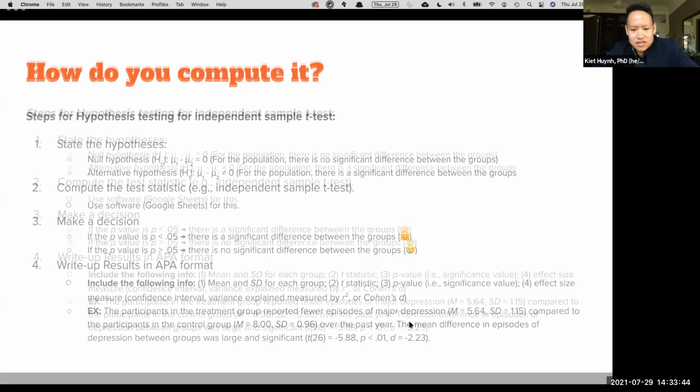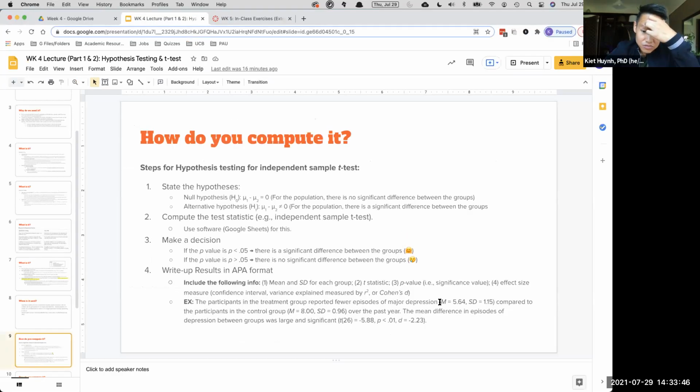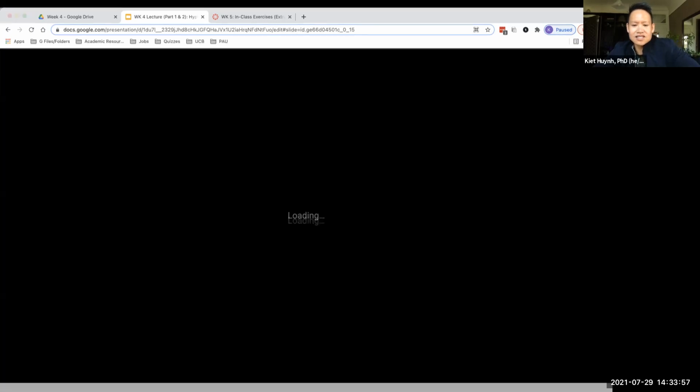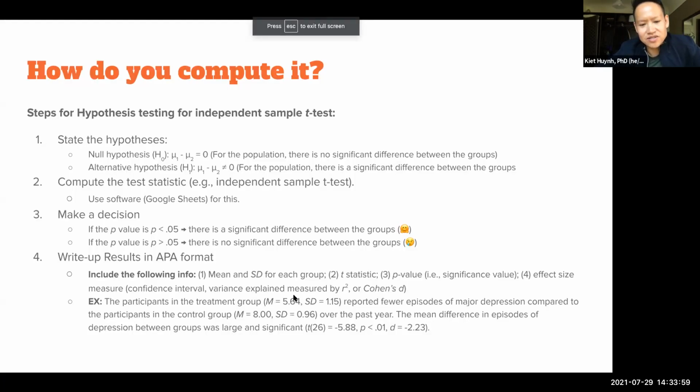Actually, what I did here is correct, but you could even move this and put it closer to where it says treatment group. So that way it's even more clear that this mean and standard deviation applies to the treatment group. So the control group had a mean number of depressive episodes of 8 with a standard deviation of 0.96.